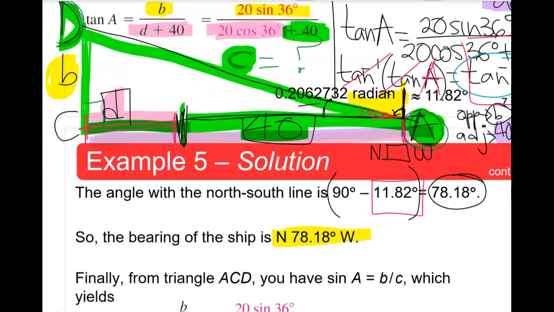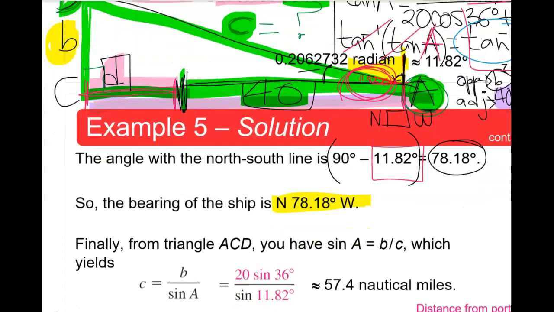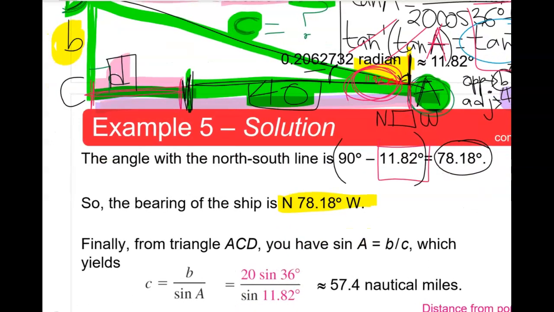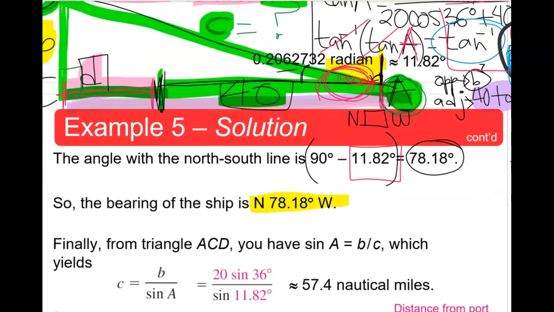So to calculate that again, we use our big triangle, and since we already know the angle that we see here, 11.82, we could use that one. Or let's see, I don't think they are using that one here. They're using something else. So yes, we are using that one. I was just confused about the 36, but let me explain this to you.